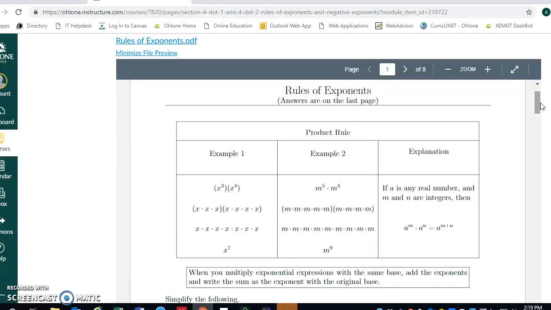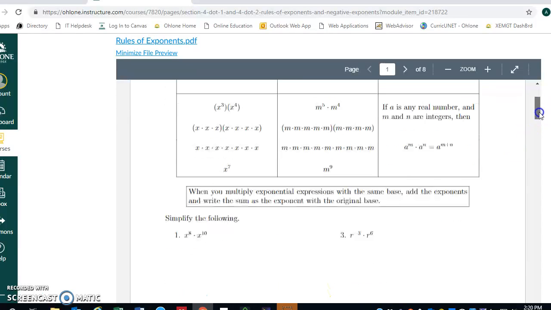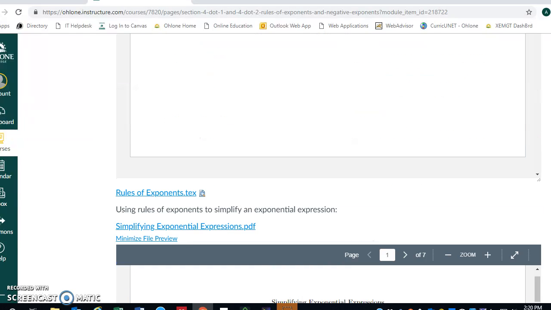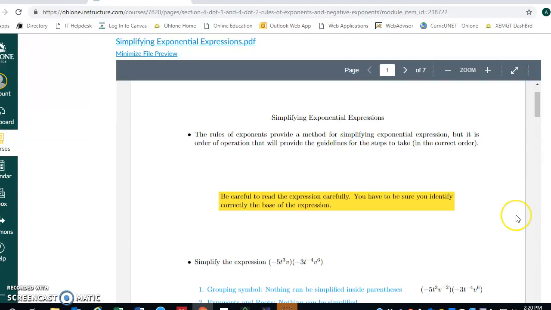In each case, what you're going to see for the different rules is a couple of examples that show you how that rule is derived, an explanation of what the rule is in math language, and then down below it, you'll see written in plain English what exactly the rule represents and what the rule says. And then a few examples, and as you've seen in other problems, the answers to these examples are at the end of the PDF.